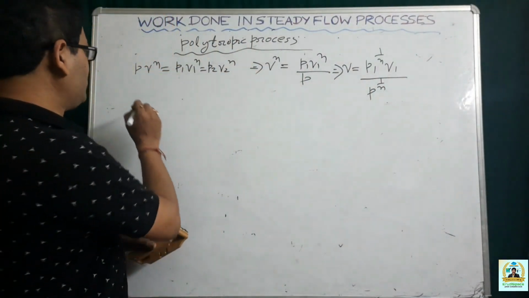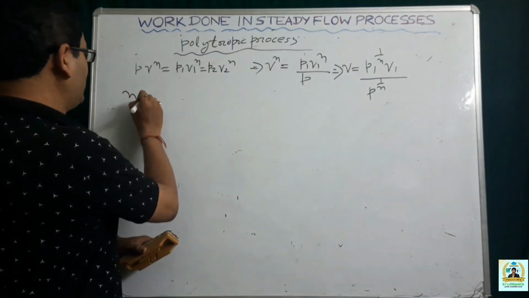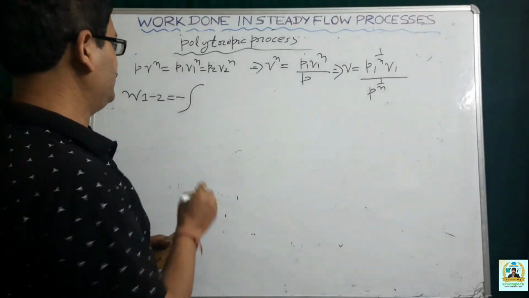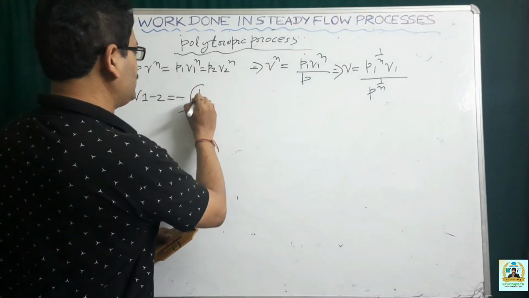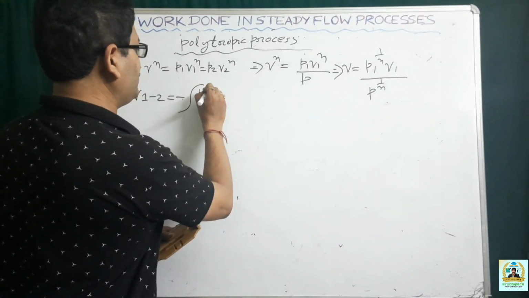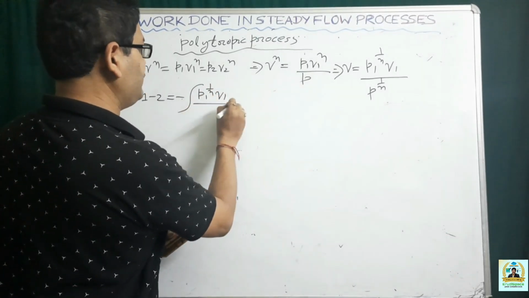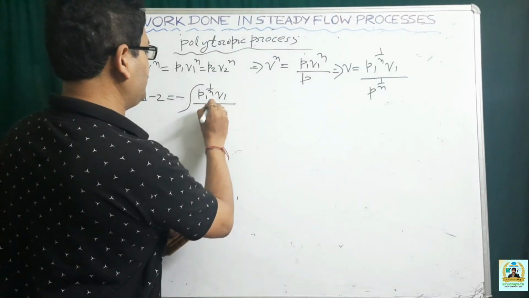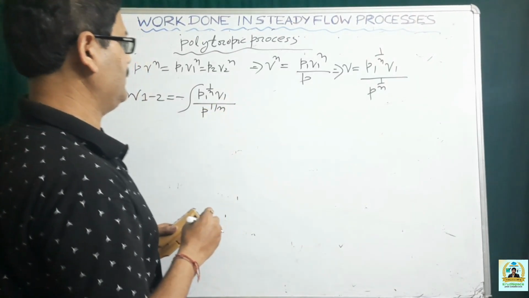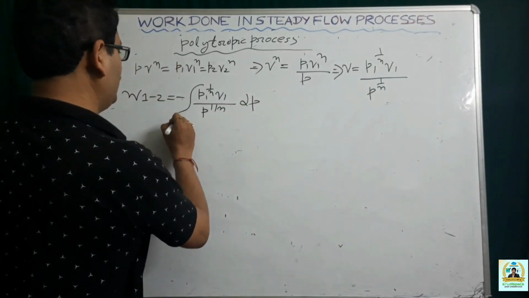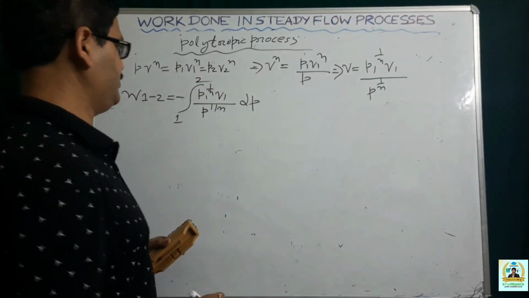Now the work output for a polytropic process is equal to minus, instead of V you put P1 to the power 1 by n into V1 divided by P to the power 1 by n, into dP from 1 to 2.